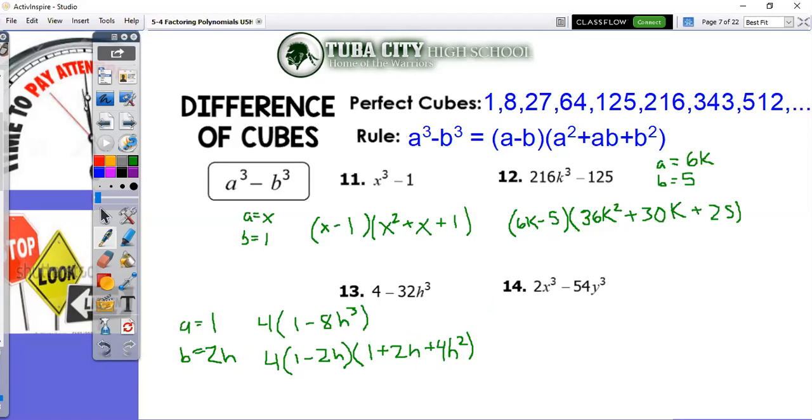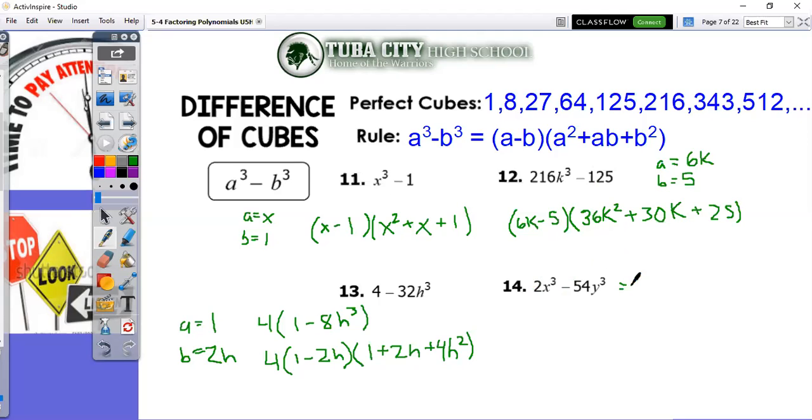Let's move on to the next one. So we have 2x to the third minus 54y to the third. Okay. So I have two cube numbers. Well, actually, 2 is not a cube number, and neither is 54. Maybe we were thinking 64.